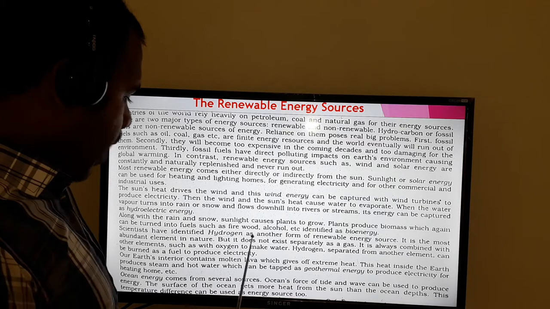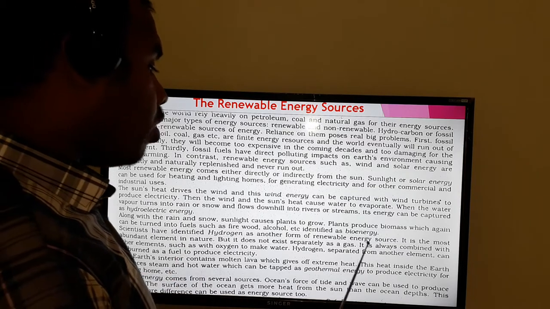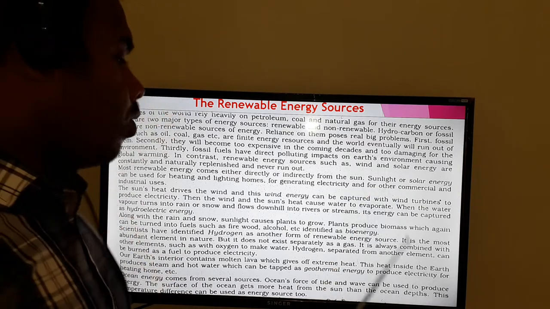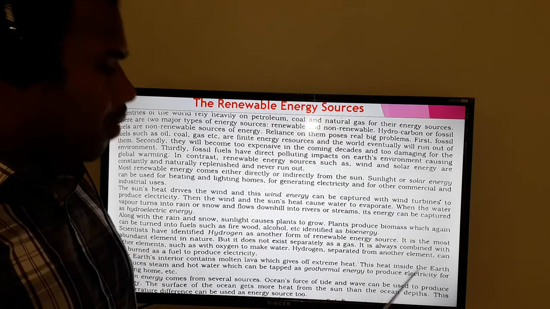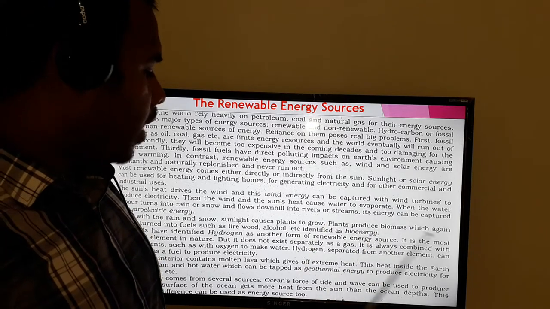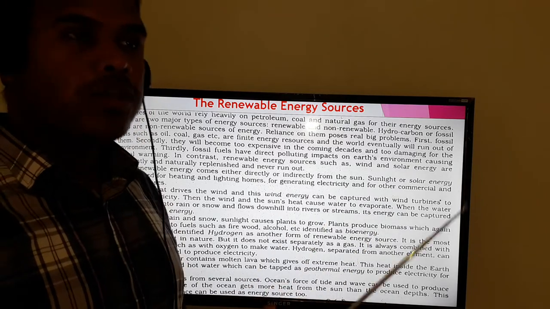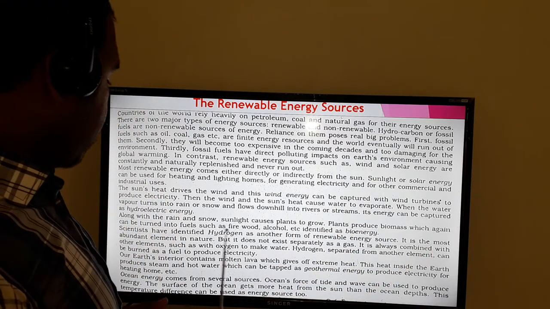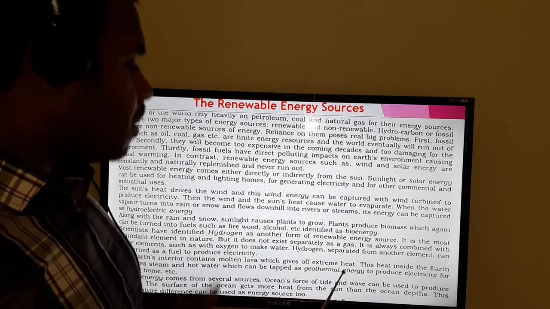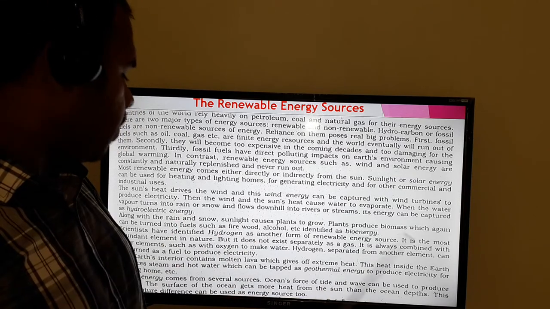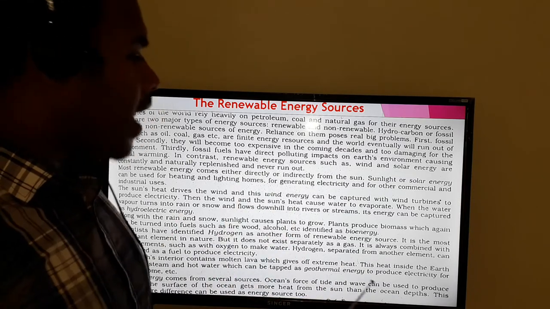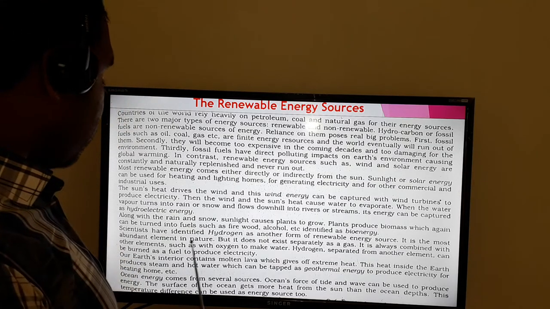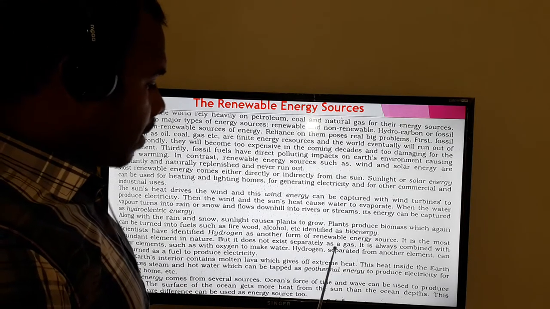Scientists have identified hydrogen as another form of renewable energy source. Most scientists are thinking every now and then about how they can meet the demand of the coming decades. So that is hydrogen. That is another possibility. There is huge possibility of renewable energy. It is the most abundant element in nature, but it doesn't exist separately as a gas.